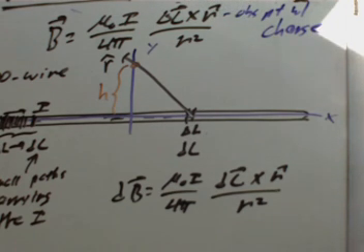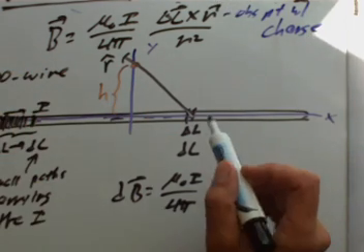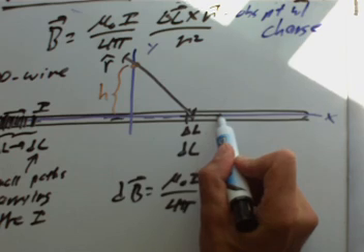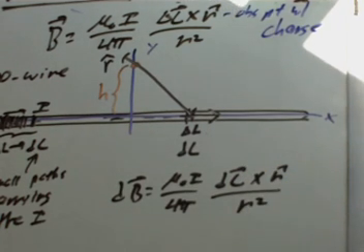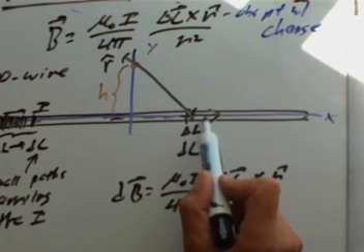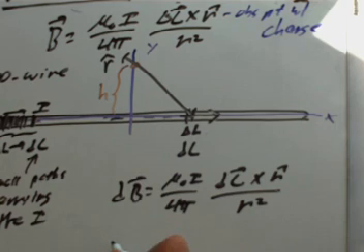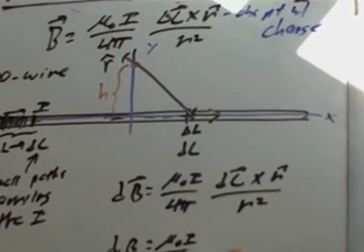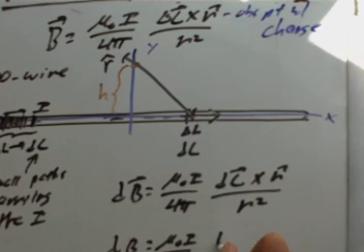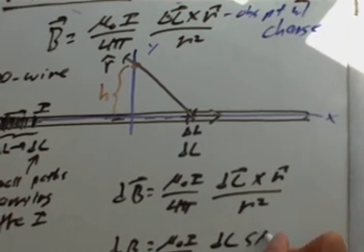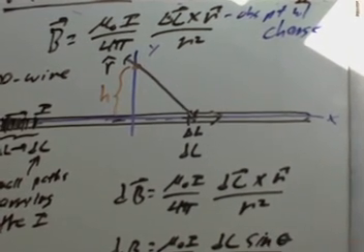So now what we should probably do is look at how the dl and the r hat interface with each other, because we have the r hat clearly labeled, we have the L here, and in terms of direction, the dl is pointing this way because the current's traveling that way through the wire. So we have a delta L down there and an r hat up here. And remember the way the cross product works, we can write this as dl sine theta over r squared.